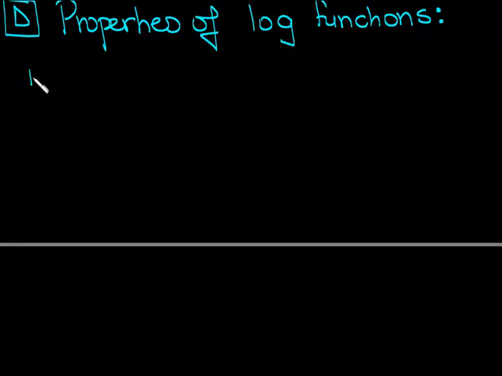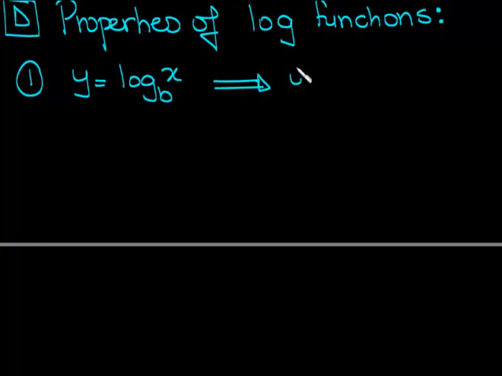So the first one is just the definition, okay, which states that if y is equal to log of x base b, then I can write it this way: x is equal to this base here. This base becomes the base of this number, so you get b to the y is equal to x.